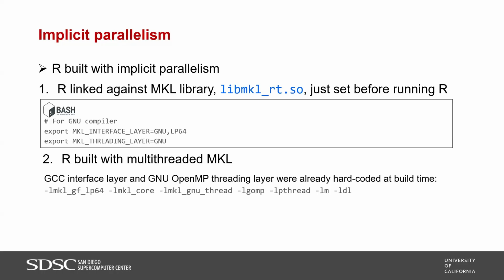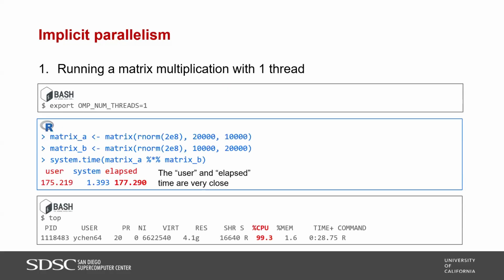So once the R started, it knows that it has the multi-threading functions. Or if you build R with a multi-threaded MKL at the build time, the GCC interface layer and the GCC OpenMP threading layer were already hard-coded, so you don't need to do anything to use the multi-threading at the runtime.